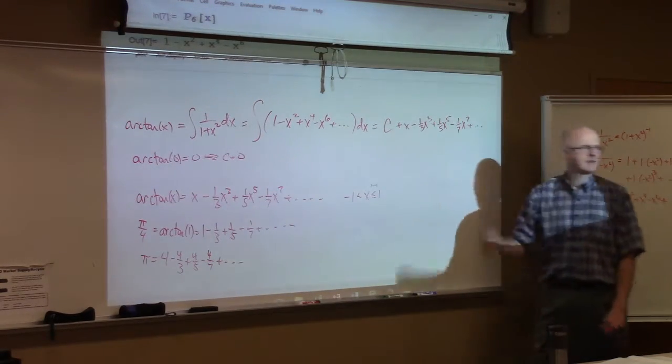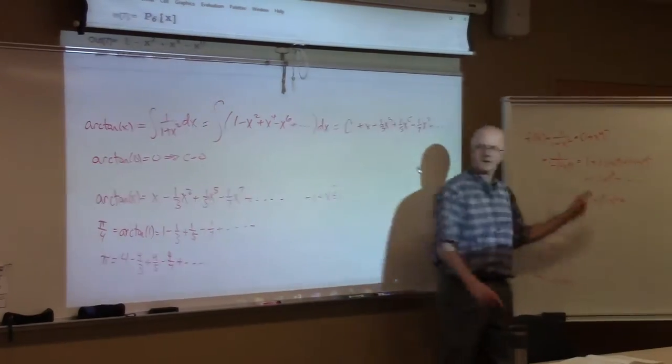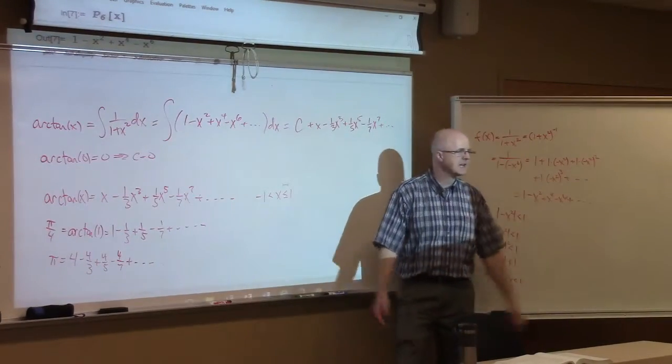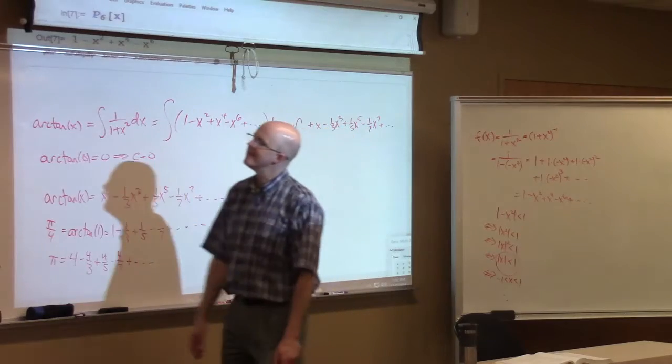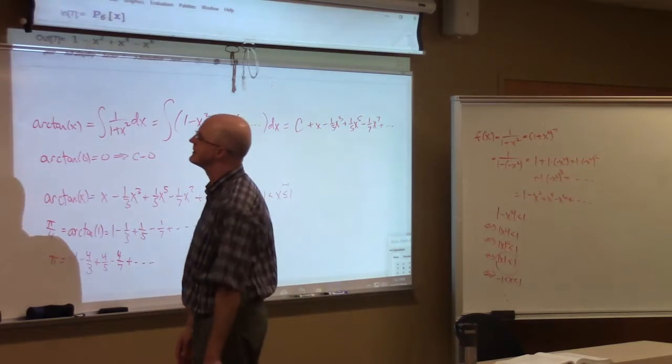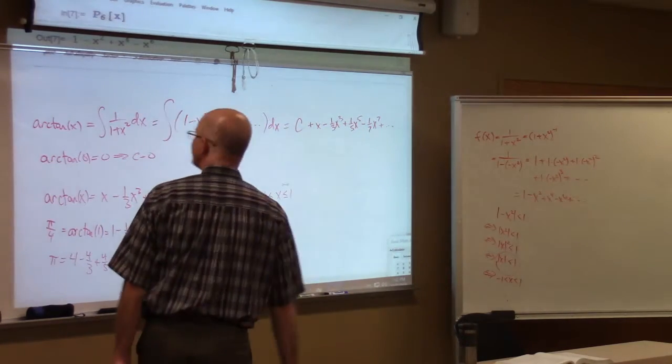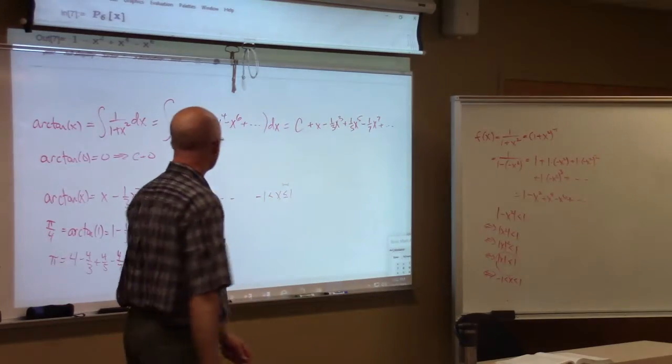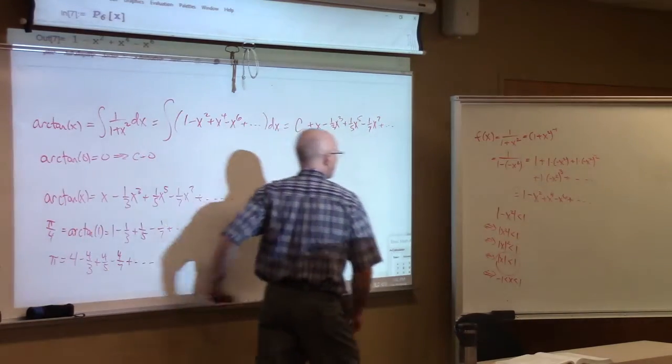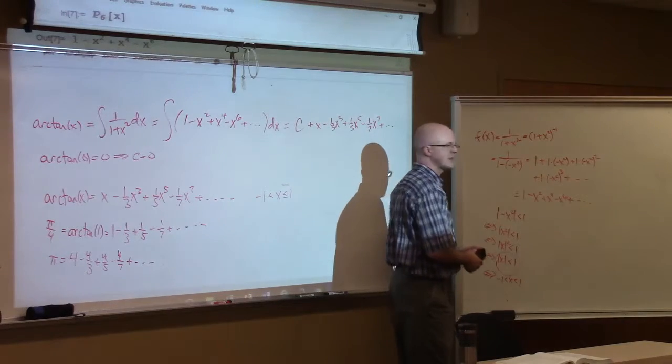If you can integrate series term by term to get from here to here, does that mean you can differentiate series term by term as well? I'll do that and then we'll take our break. What if I differentiated both sides of this equation?